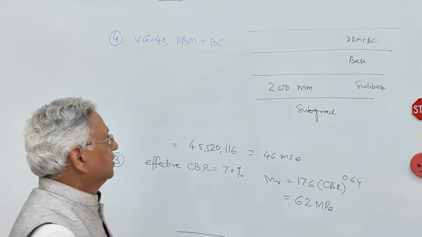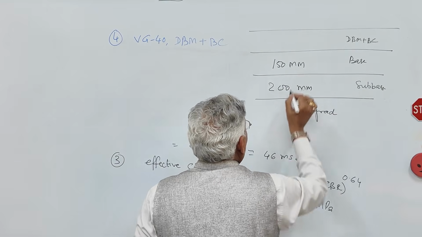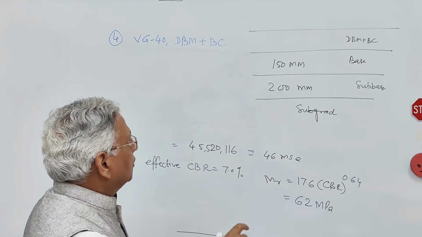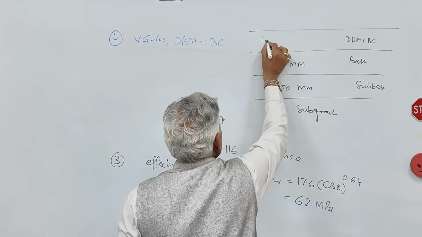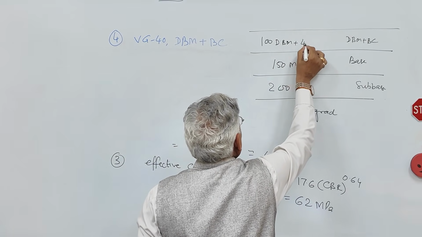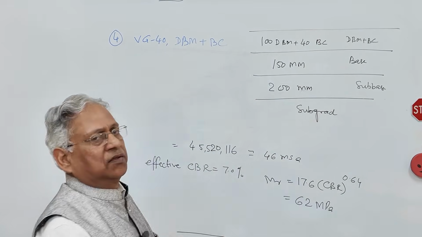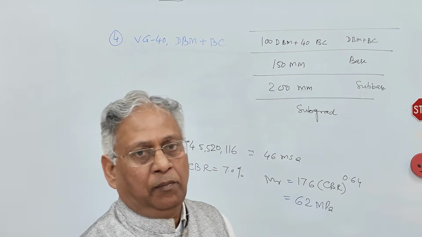And in the base, let us say you have 150 millimeter of WMM, and above that you have 100 millimeter of DBM plus 40 millimeter of BC. We assume this section for this highway, for this example problem.